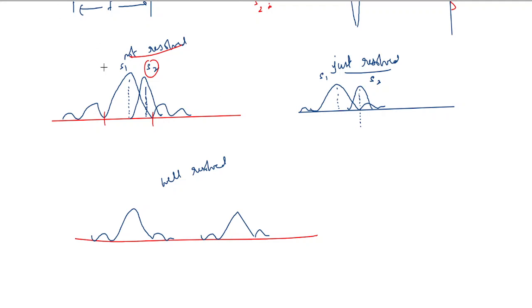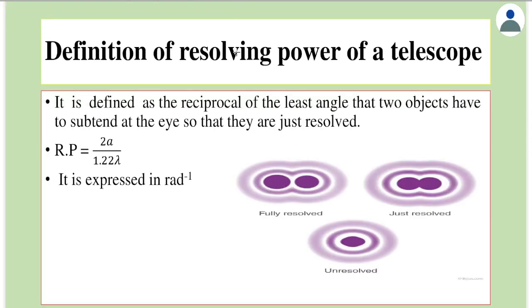In case of just resolved, we are just able to see them as two different objects. The diagram here will make it more clear. As seen here, you can draw in terms of the pattern also. In this case, observe carefully, the centers of the two objects or the center patterns of both will coincide. This is unresolved or not resolved.